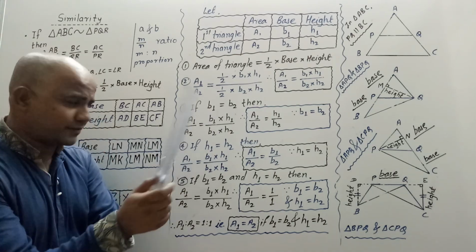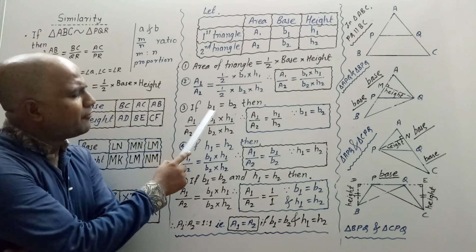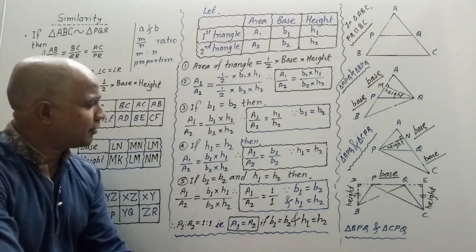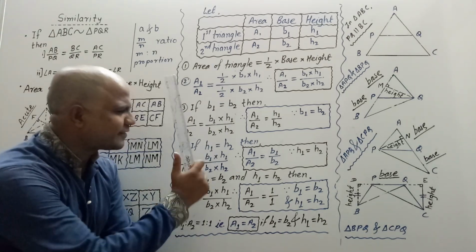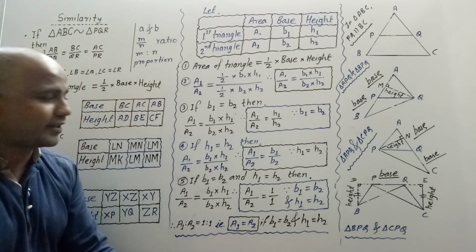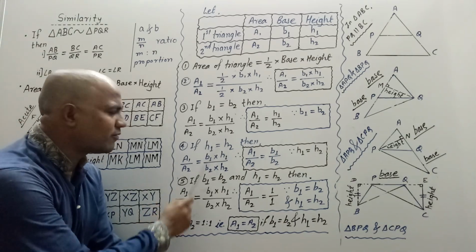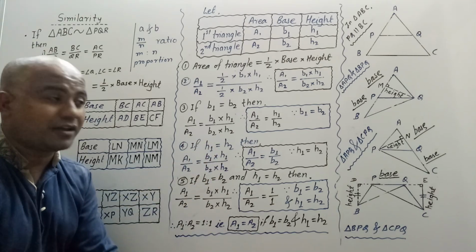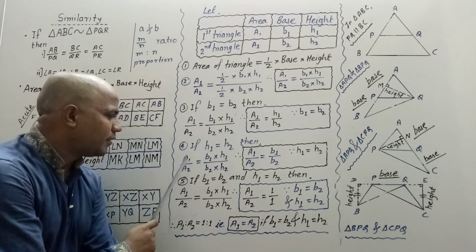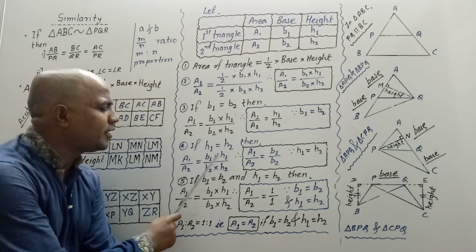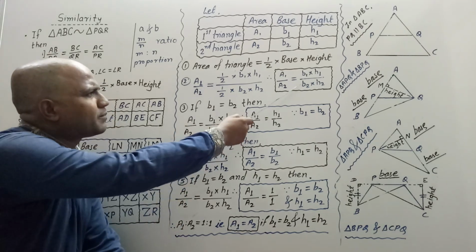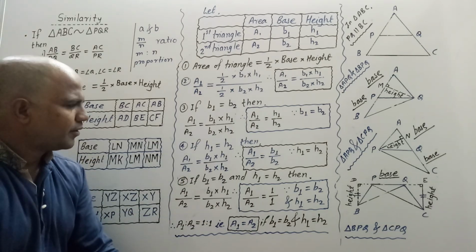Similarly, we proceed to the next. Here we discussed when bases are equal, then what happens. Now we are going to discuss when heights are equal, then what happens. Same concept is there. If H1 equals H2, it indicates that the heights of two triangles are equal, then what happens? A1 upon A2 equals B1 into H1 upon B2 into H2, because I have cancelled the half.